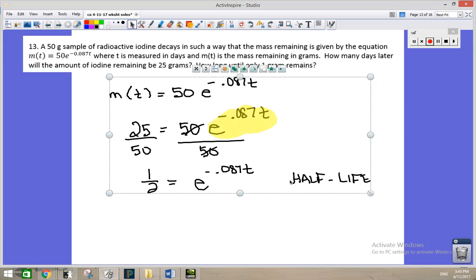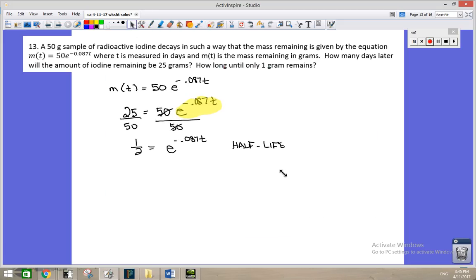We need to solve this for t. Since this base is e, I'm going to take the natural log of both sides. The natural log of 1/2, and to balance the equation, I'm going to take the natural log of the right-hand side. But some students will have difficulty recognizing that the natural log is base e. So I'm going to rewrite this ln as log base e, because that's what ln means: log base e.